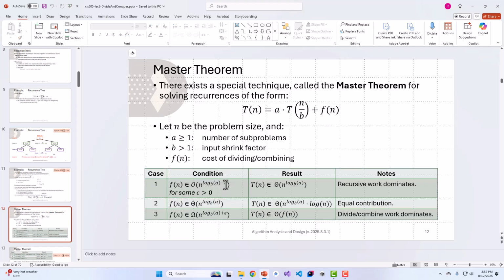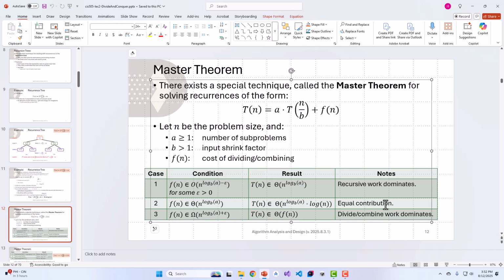But as long as it's explicitly and clearly bounded on top by this watershed function minus some small amount, then we know that it's case 1. And then the result ends up being this. This would be how we plug in the values again, and it's actually the big theta of the watershed function. So that means the recursive work dominates. And because the recursive work dominates, that's why we're using this watershed portion.